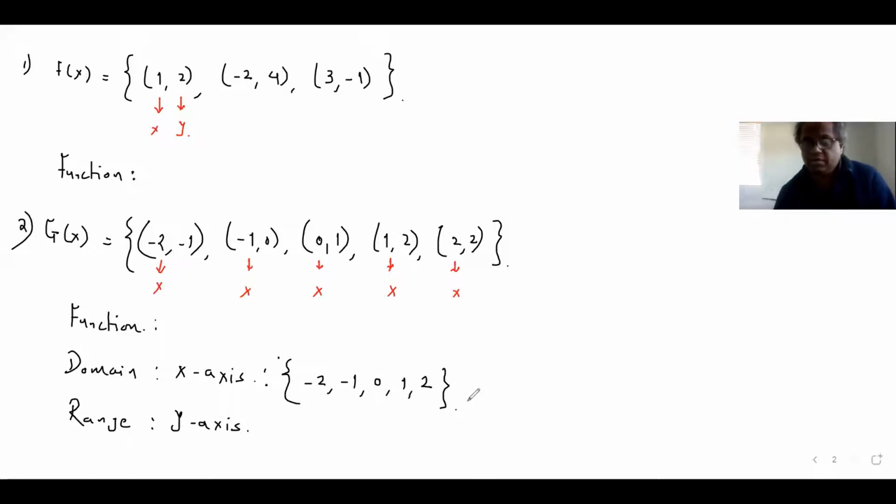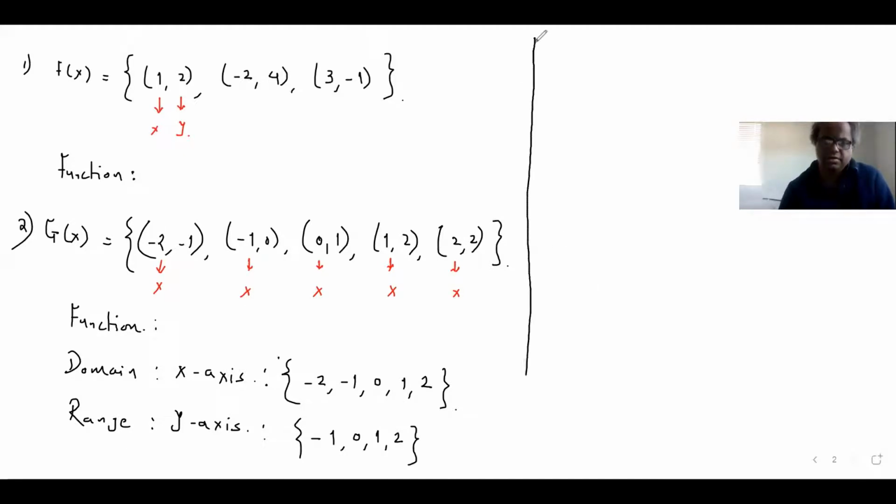Always try to keep it in curly brackets. In the range, I have {-1, 0, 1, 2}. And if you see here, I have written the y value only once, although it appears twice. What do I mean by that? If the y value is repeated again and again, you should not be writing it again. But if the x value repeats, yes, you have to.